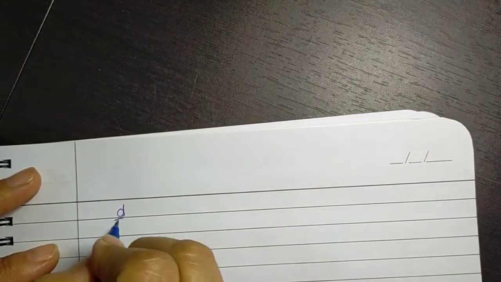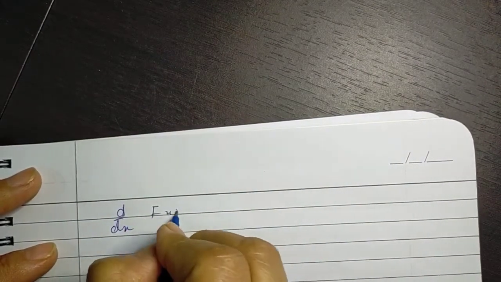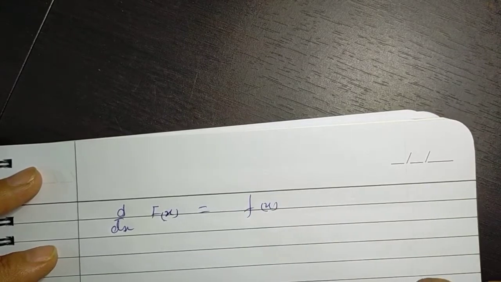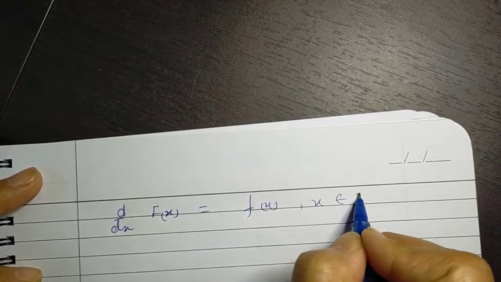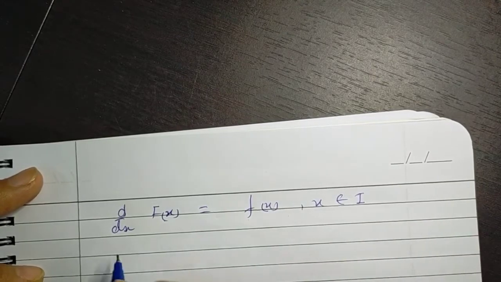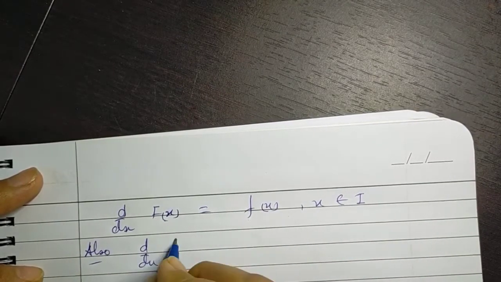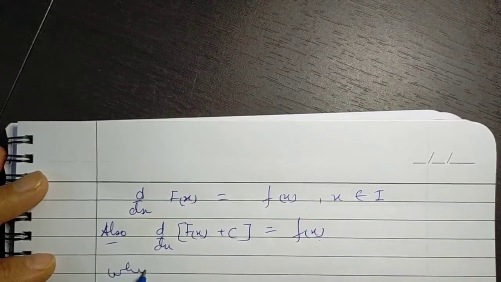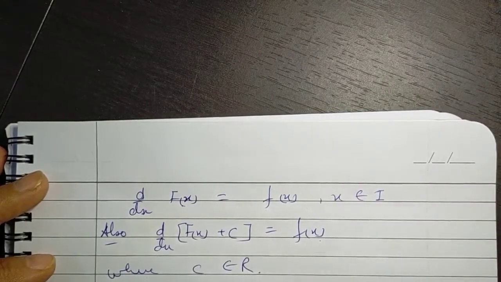And we write this as, given a function F such that d by dx of F(x) is another function of x, which is small f(x), where x belongs to any interval I. Also we have d by dx of F(x) plus c is also equal to f(x), where c is any real number.